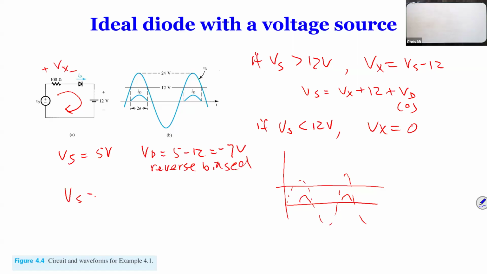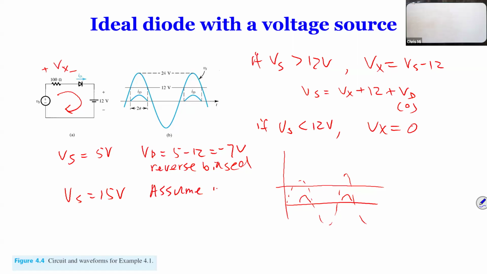Now let's say Vs is 15. If you're not sure in the beginning whether this diode is actually conducting or not, especially as we move on to more examples, you can always assume it's not conducting. Make your hypothesis, and see what happens.